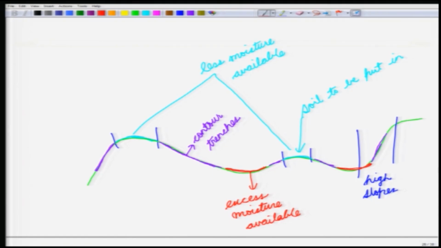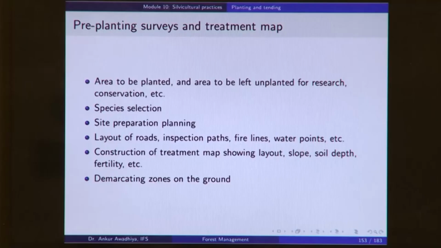So, while doing the pre-planting survey, you are also looking at what are the sorts of soil preparations that need to be done. So, we look at different site preparations, then we also make a layout of roads, inspection paths, fire lines, water points and so on. Because whenever you are doing a plantation, at certain times you will also need to monitor this plantation.